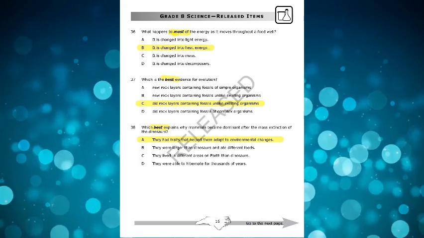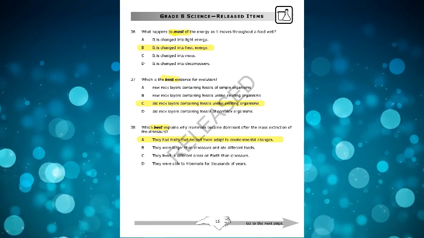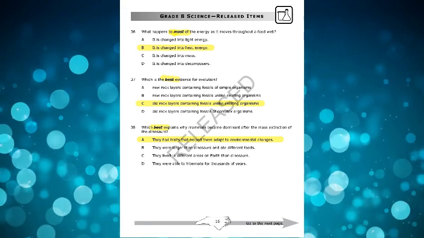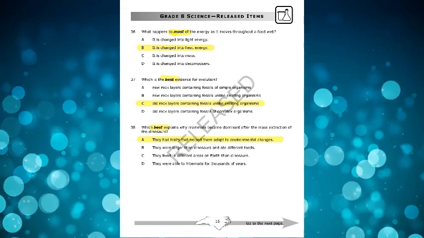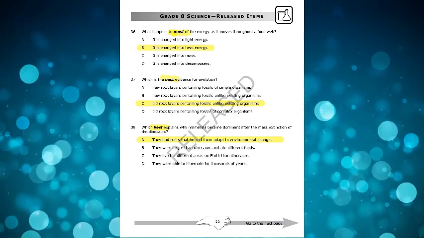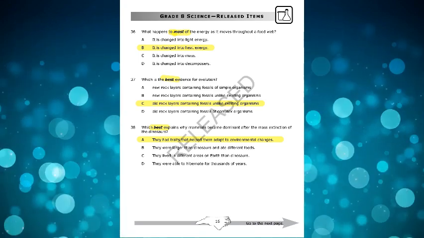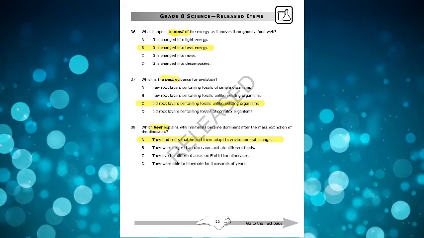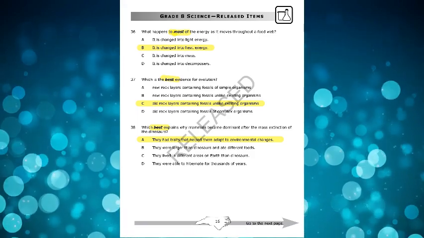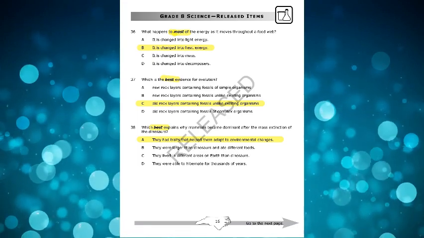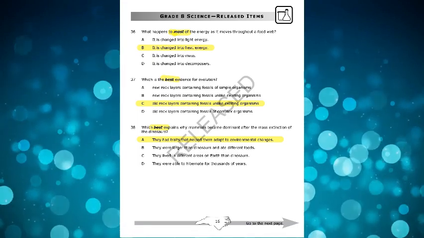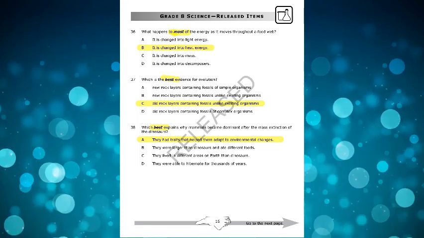Which is the best evidence for evolution? And so again, evolution is talking about things changing over time. And so we've got here old rock layers containing fossils unlike existing organisms. So being able to look at things and say, hey, this doesn't look like anything that is currently around, so this must be something that was around a long time ago.